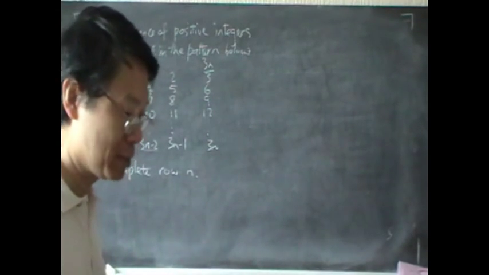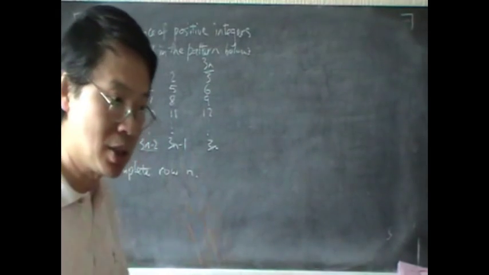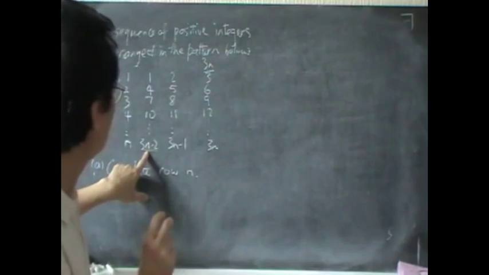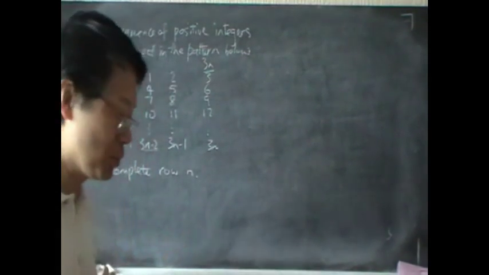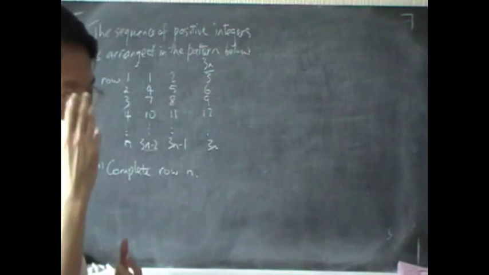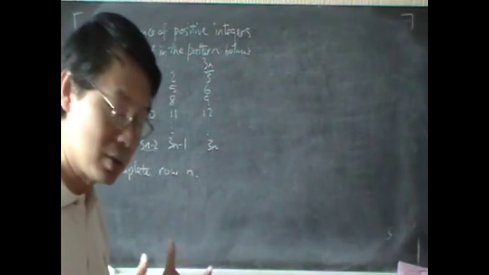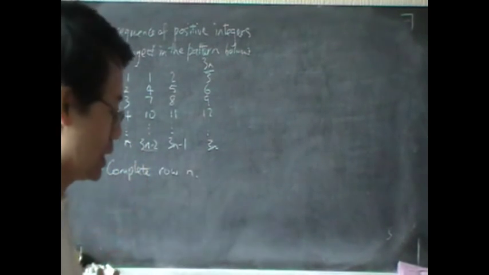There must be a 3n, because each time the n increases by 1, the answer increases by 3. So there must be a 3n involved. So that's our first step. If you think of it this way, you already have part of the answer. You have the 3n.